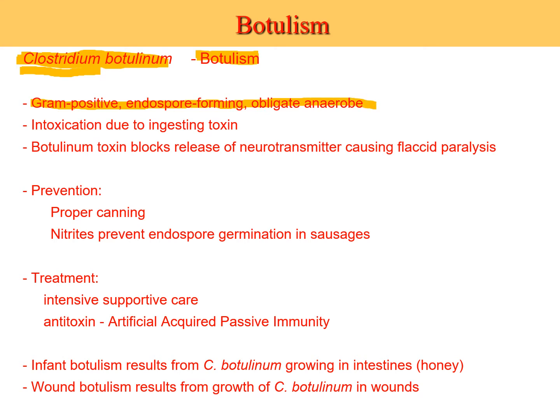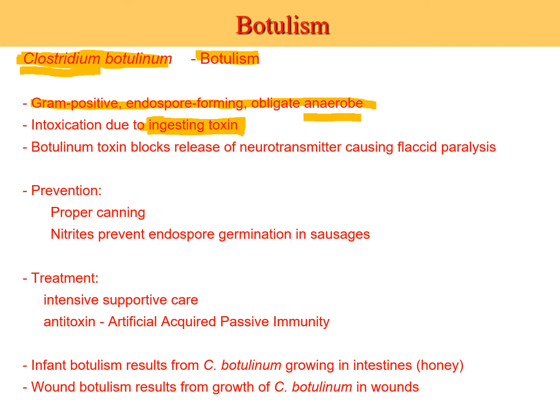Intoxication in this case comes by ingesting the toxin. It takes tiny amounts of the toxin. Often this is due to food poisoning, where some food item has been sealed into a jar or can, and the container contains some endospores, and they will grow because it's an anaerobic environment and produce toxin.